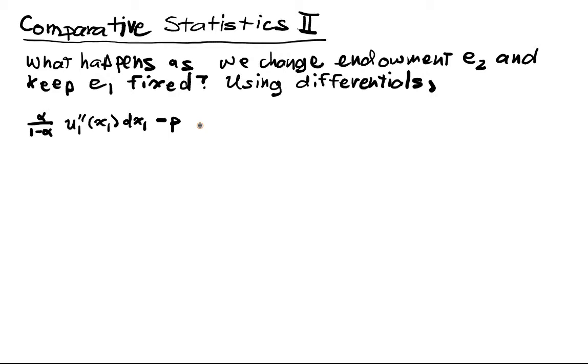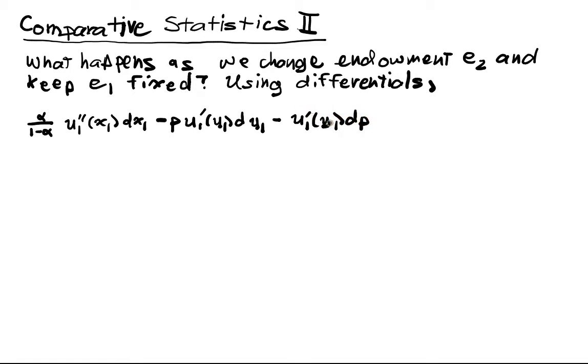Now let's take the partial with respect to the y1 variable, and we should get u1 prime of y1 dy1 minus u1 prime of y1 dp.